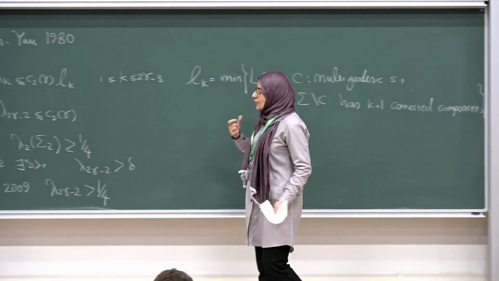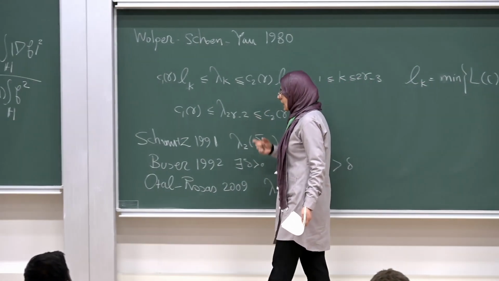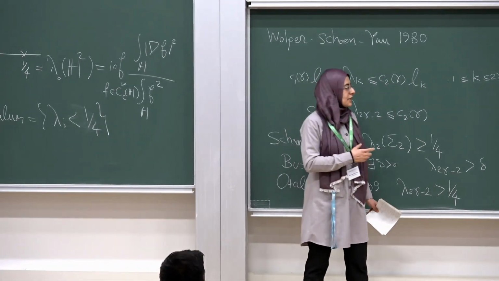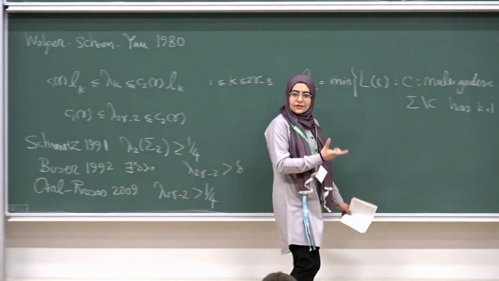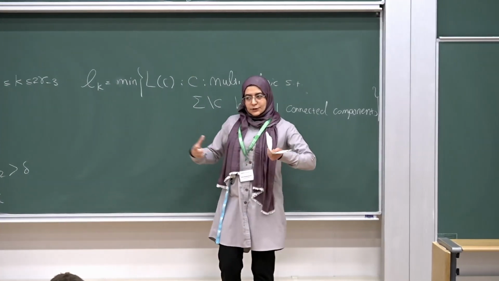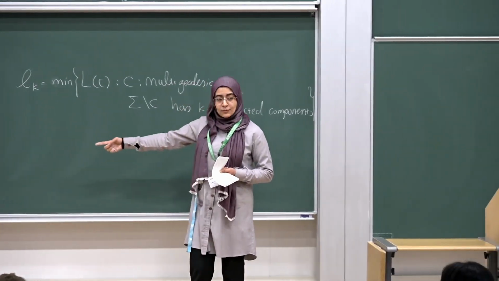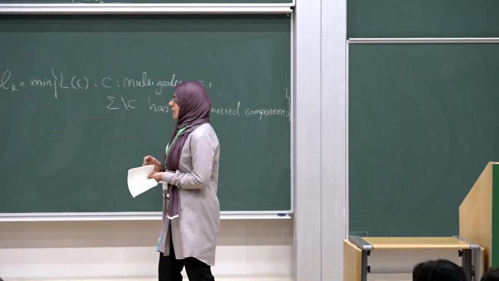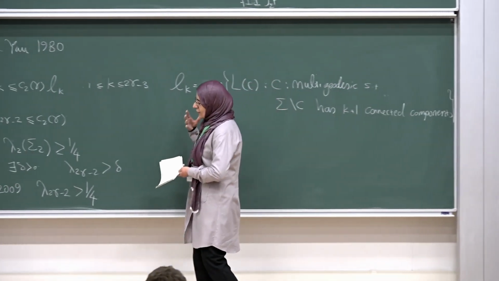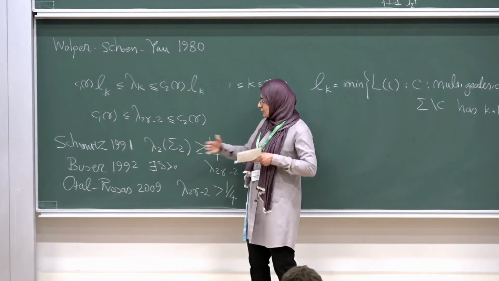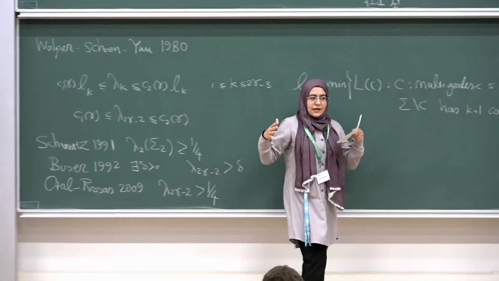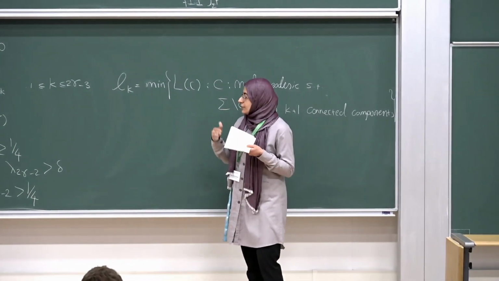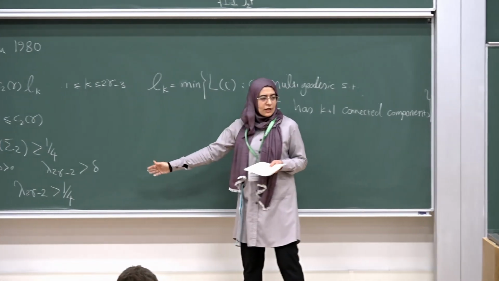And Otal proved that the nodal domain of an eigenfunction has some topological non-triviality. Otal and Rosas put this together to prove this lower bound, extending the Sévennec result for multiplicity of the first eigenvalue to obtain some bound on the dimension of the eigenspace below 1/4.